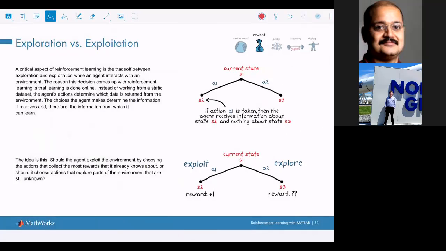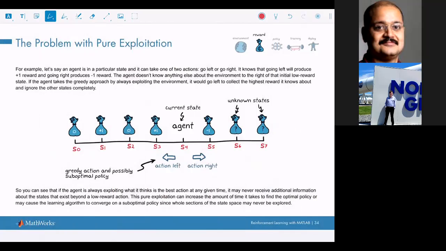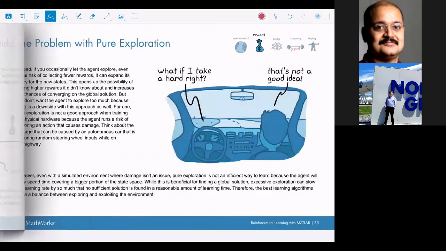And then we talked about the concept where you have exploration, you can also have exploitation. Pure exploration or pure exploitation is not good. So you want to balance both: you want to balance exploitation and exploration.